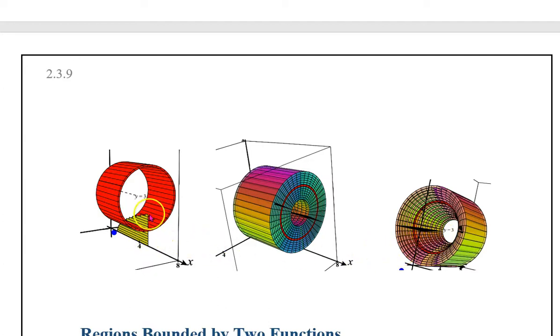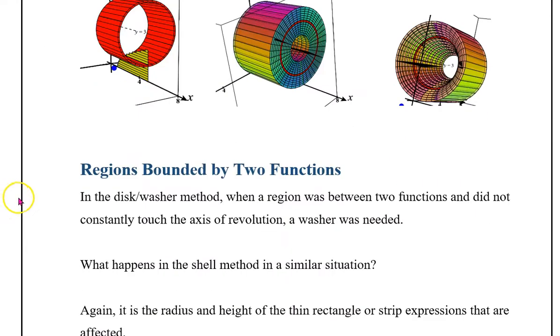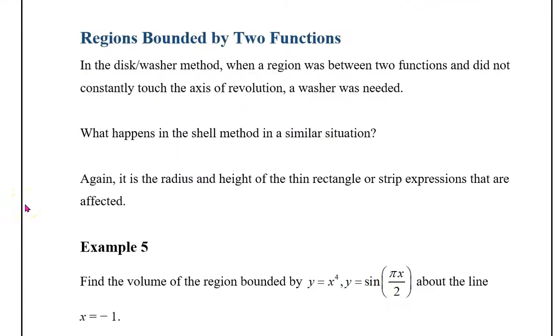Whereas on the right side, because it is a vertical line, we get a flat edge. Because our region that we're revolving does not touch the axis of rotation, we do have a hole through the center. That's typical.